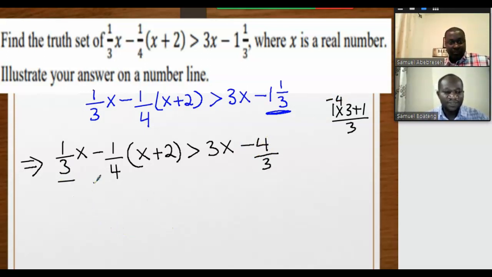The LCM of 3 and 4 is 12. So we multiply through the inequality by 12. So what it means is that you multiply each term by 12. Yeah. Times 12. Don't forget about the constant term.